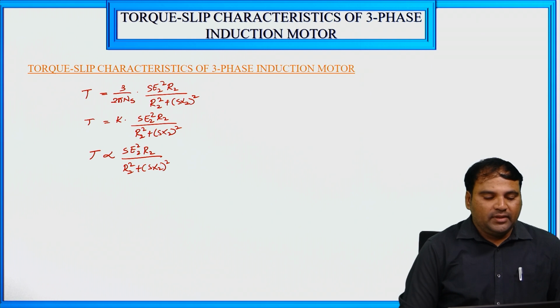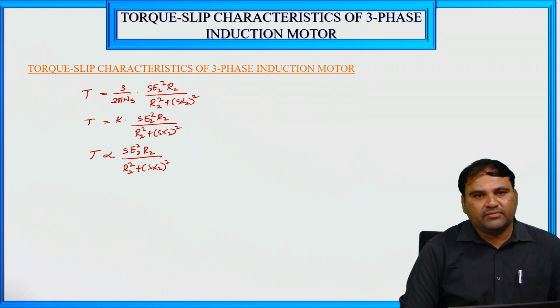In this torque slip characteristics, we have two cases. Case 1, lower values of slip; case 2, higher values of slip.